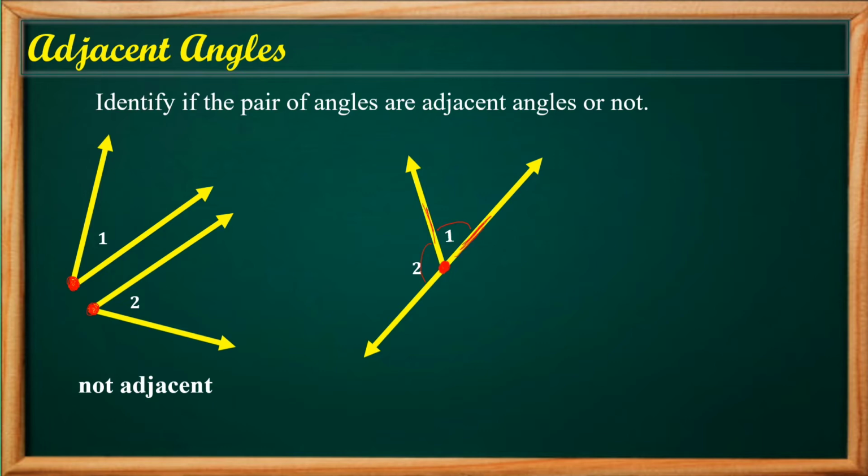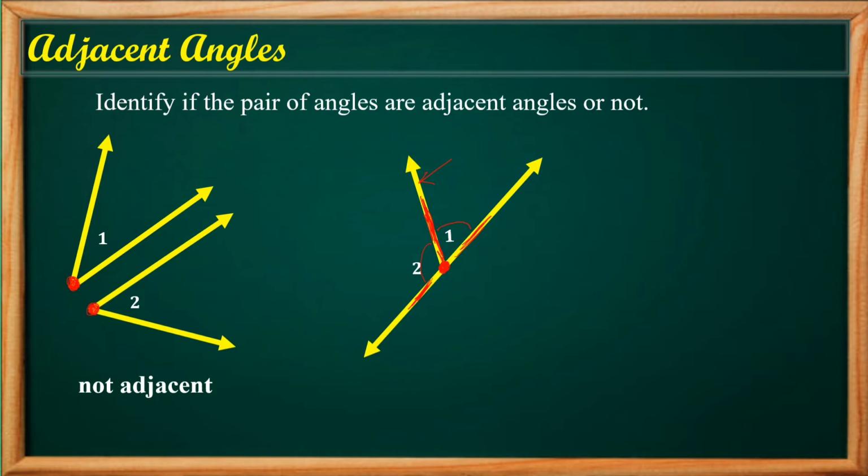Next, si angle 2 naman, ang side ni angle 2 ay this part and this part. Then, alin dyan ang common side nila? Ito yung common side. Since they have a common side and a common vertex, pasok na sa dalawang condition.